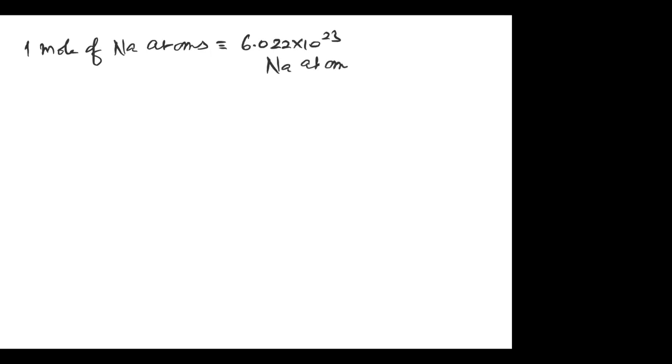So the meaning of 1 mole of sodium atoms is 6.022 into 10 to the power 23 sodium atoms, and it is the same as NA, or simply the Avogadro number, NA times sodium atoms.